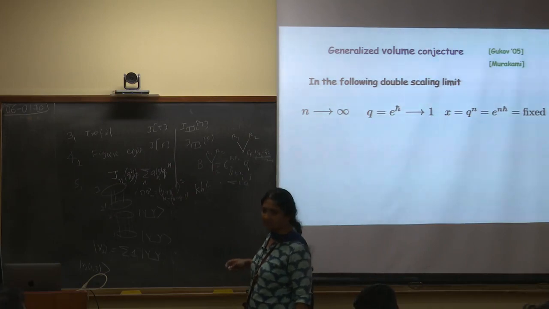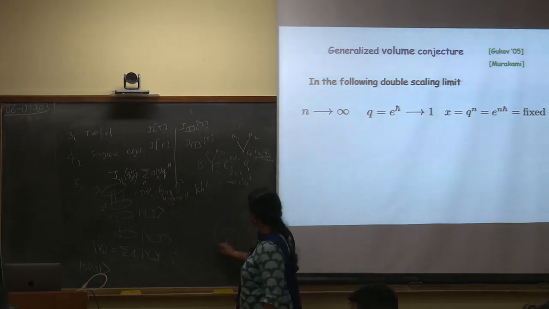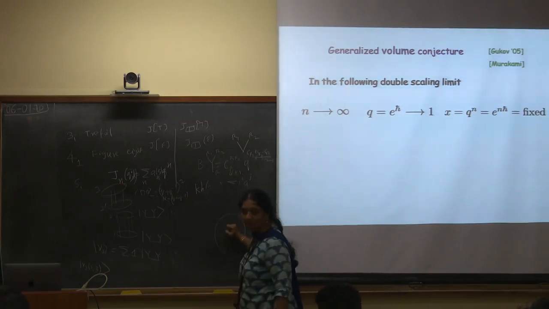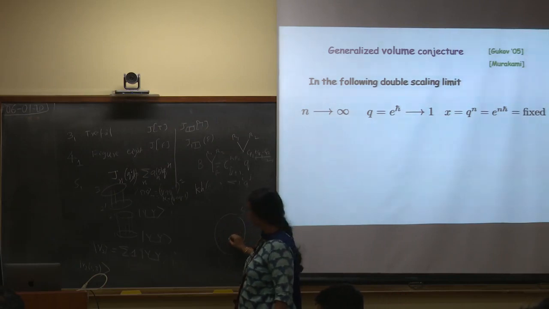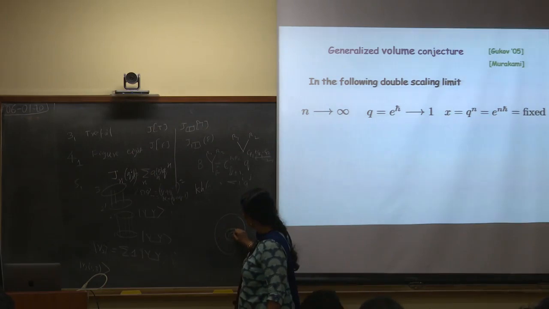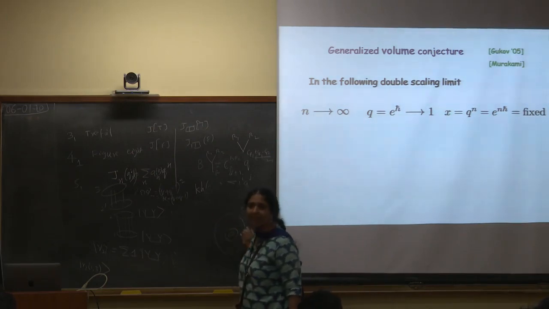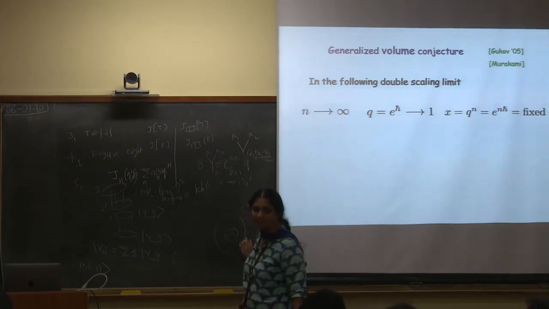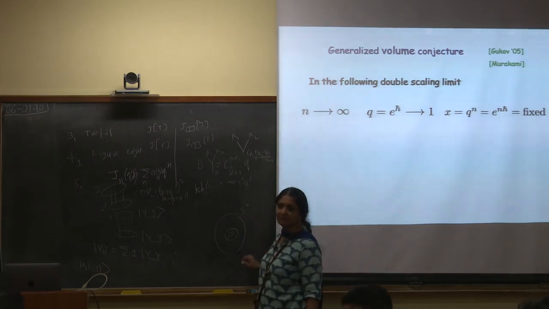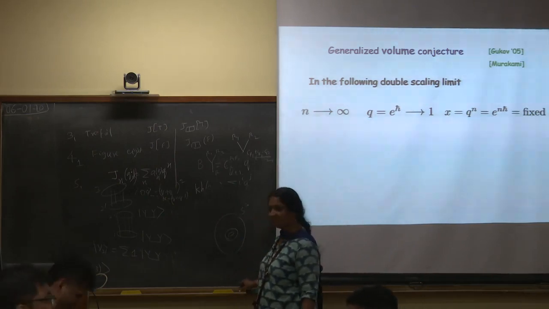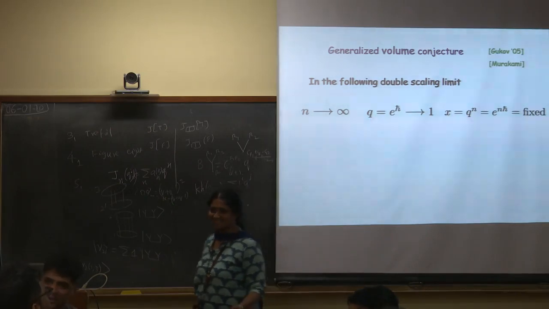That's right. If you take an unknot here in S3, you thicken this piece and you remove it out. So you basically have a toral boundary here, which is like a 3 manifold.